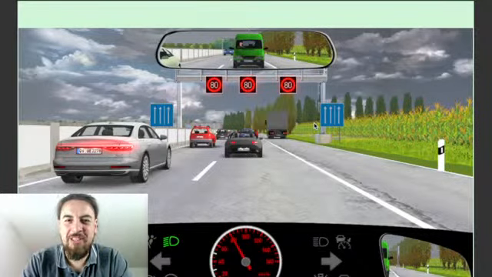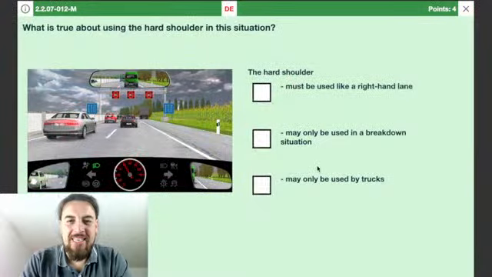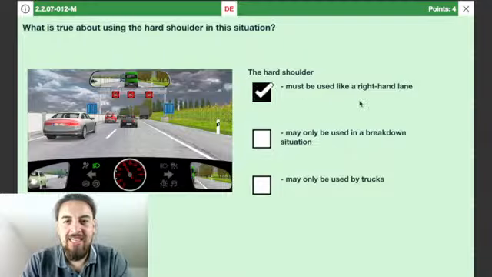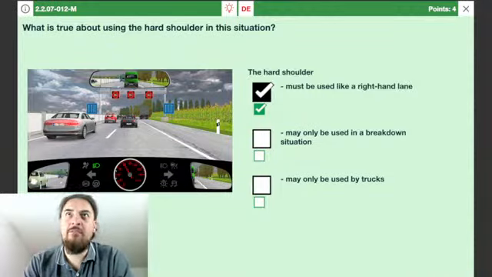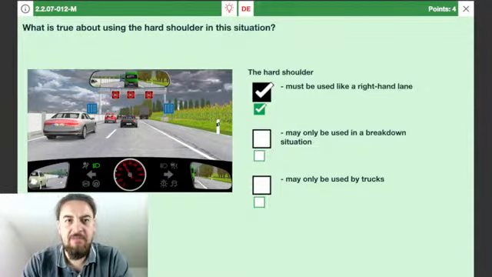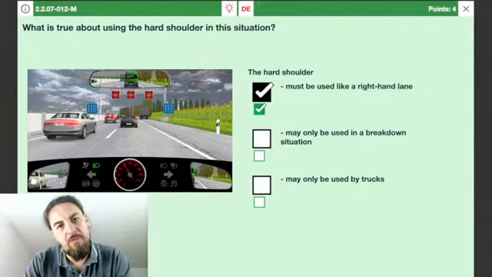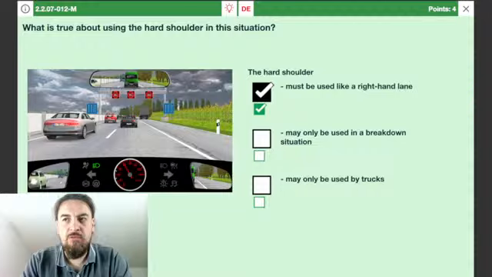Exactly, it's an exception, because that sign told us that we are allowed to use it in that case. So the hard shoulder must be used like a right-hand lane is the correct answer in that case, because of this blue sign giving us permission. For example, in Frankfurt on the A3 we have that quite frequently. If there's a lot of cars, they open the hard shoulder to have more lanes, so that there is less traffic.